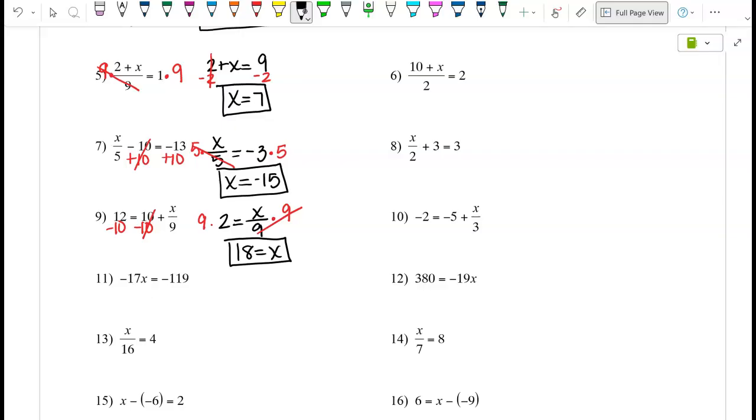I need to divide both sides by negative 17. And what did we get for an answer, Cambria? x equals 7. All right.